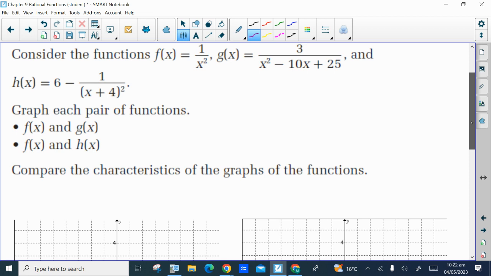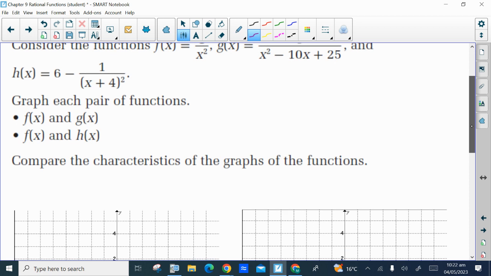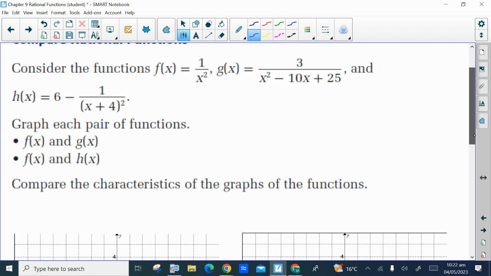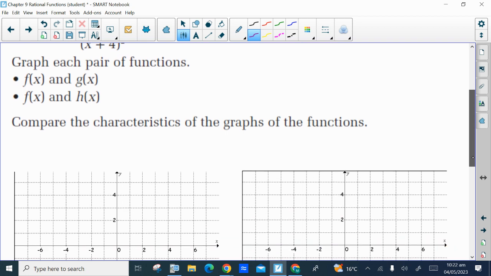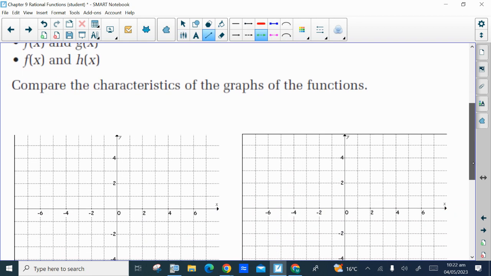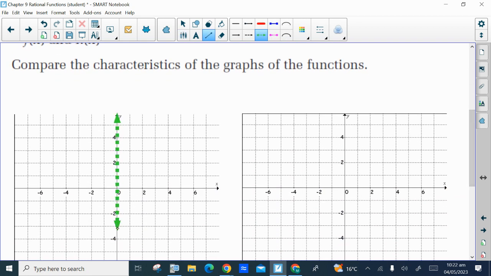Now, f still has a non-permissive value of 0. X cannot equal 0, because even if you square it, you still get 0, and you can't divide by 0. So we're going to have a vertical asymptote where x is 0, and a horizontal asymptote where y is 0.